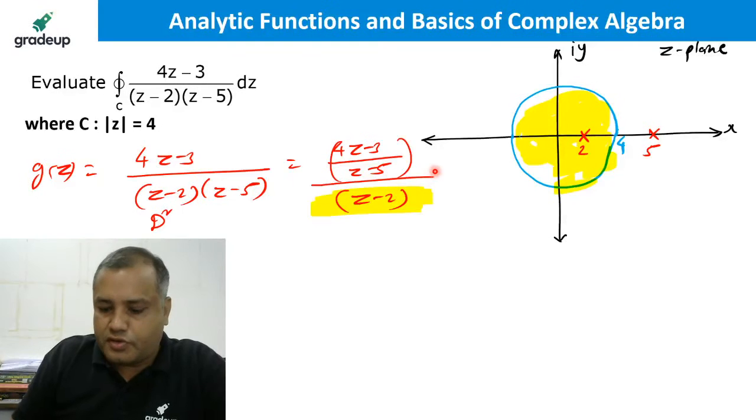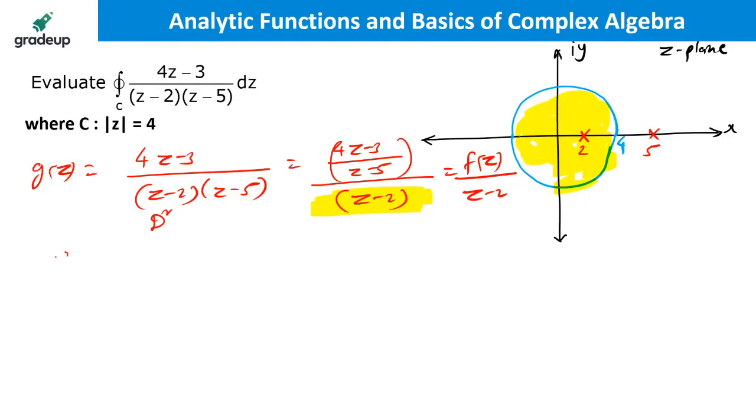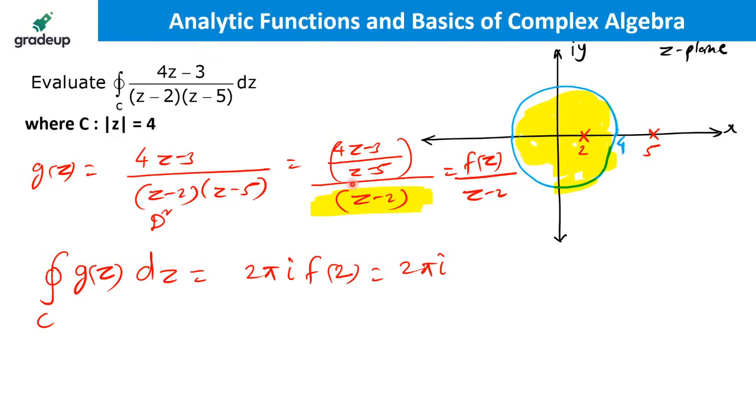So we can write the numerator as f of z and the denominator as z minus 2. So the integration of g of z over the curve C will be 2 pi I times f of z evaluated at 2. This is Cauchy's integral formula. And this numerator is f of z. In this f of z, you have to put z equal to 2.